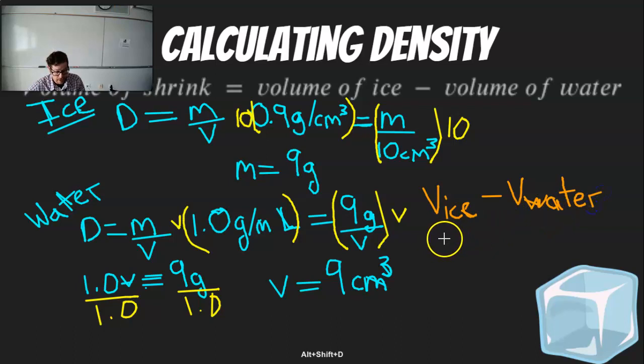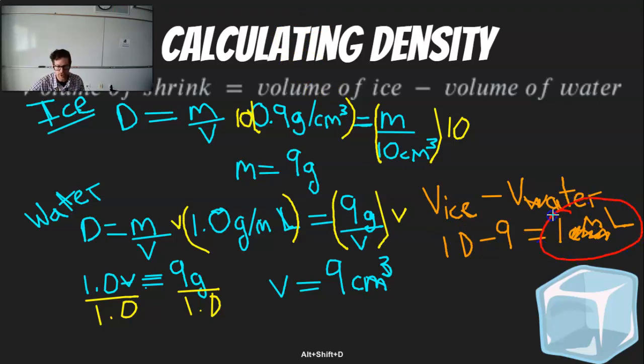And so that is 10 minus 9 equals 1. And cubic centimeters, or you could report it as, you know what, this is liquid water, so let's report it as milliliters. Sorry about the terrible handwriting, but I'm having some lag in my pen setup here. But that is our final answer right there. 1 milliliter, that is the volume of shrink, essentially.